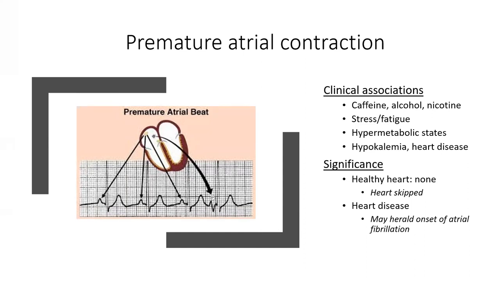If you've got heart disease, it may herald onset of atrial fibrillation. If you've got a history of heart disease, that's where we get a little more concerned with a PAC. If you've drank a lot of coffee and you had that skipped beat, it may not necessarily require us to do anything. But if you've got heart disease, then you may want to watch out for possible AFib.